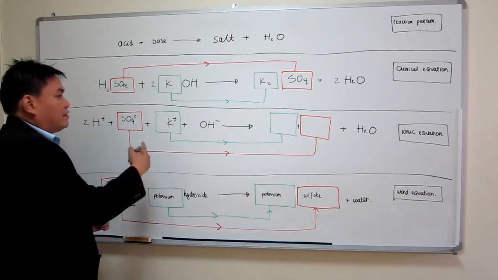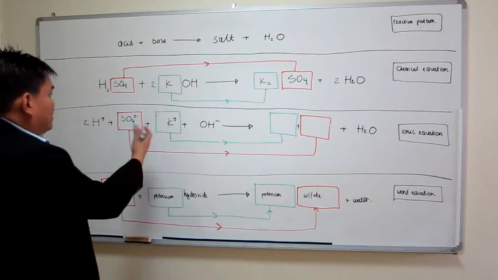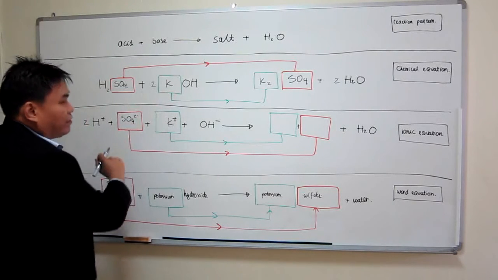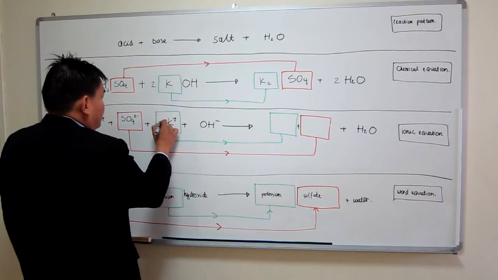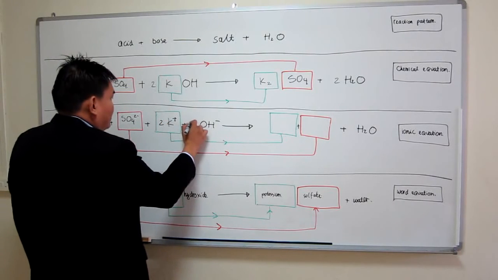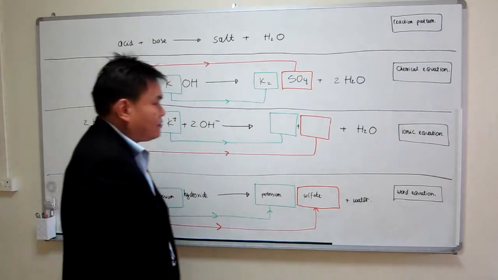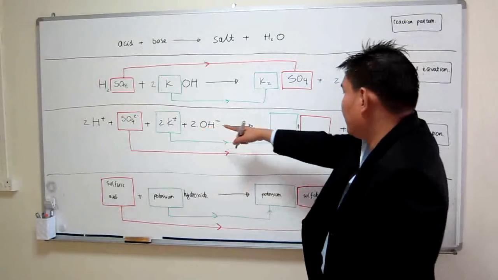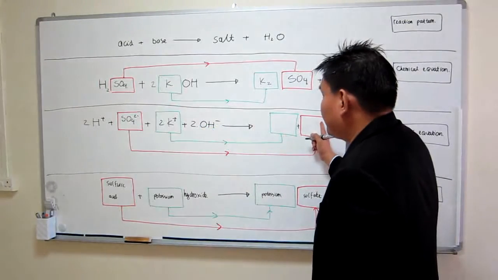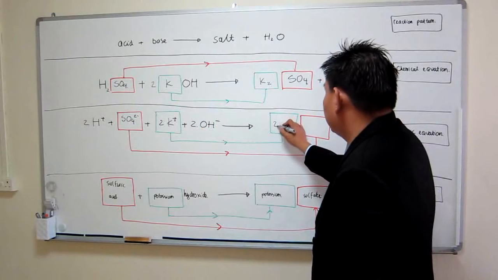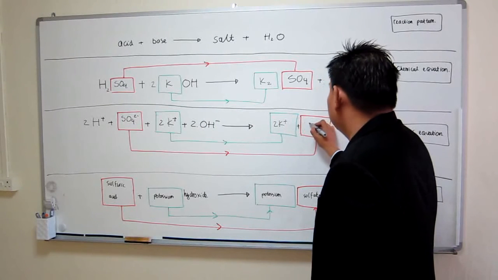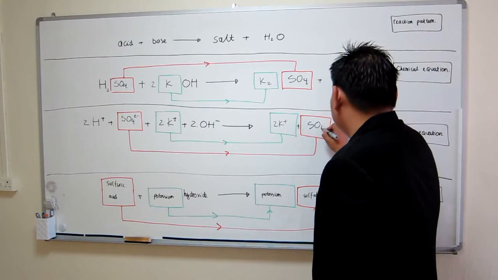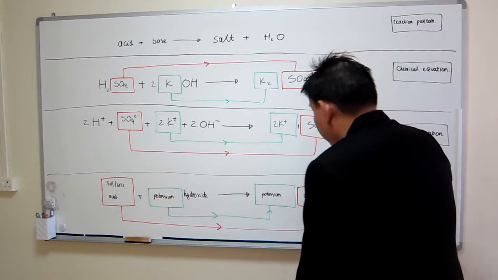And if you write it down, it's still wrong because you have 2 KOH. So you have 2 K plus and 2 OH minus. You just copy the green box and red box here. So 2K plus and SO4 2 minus.